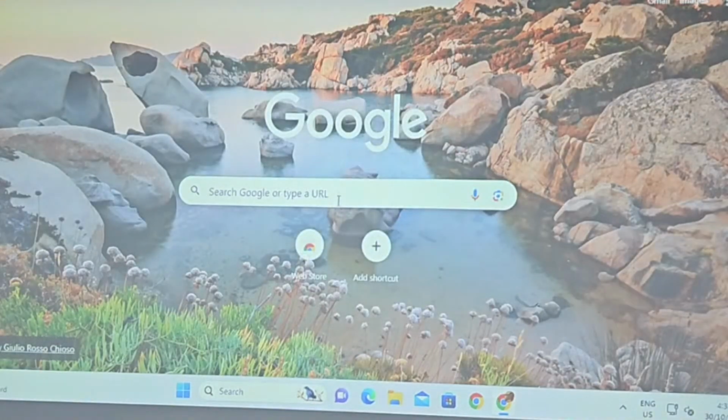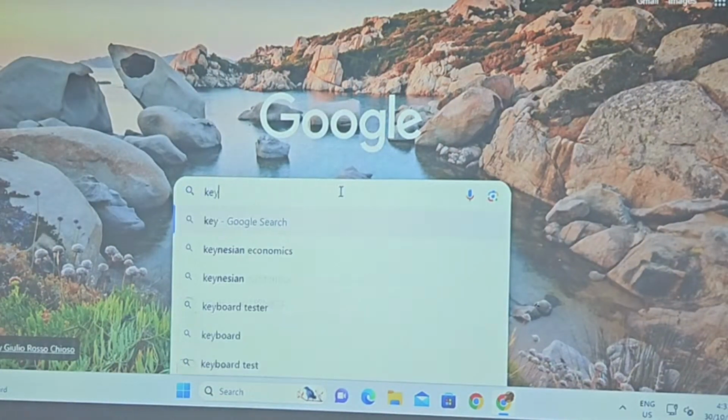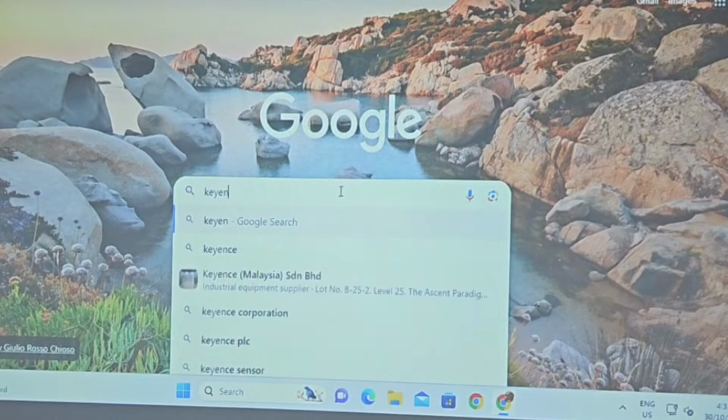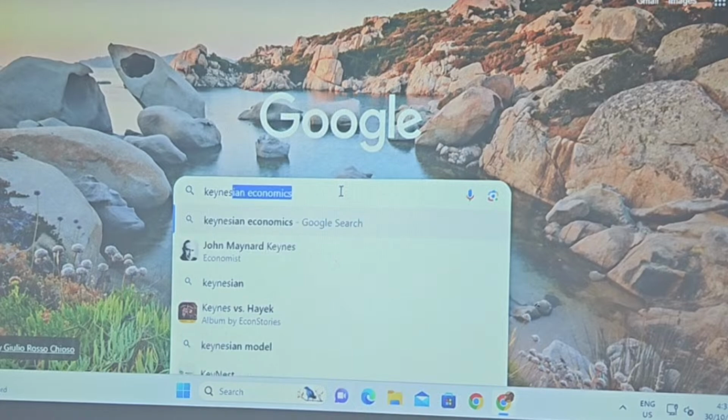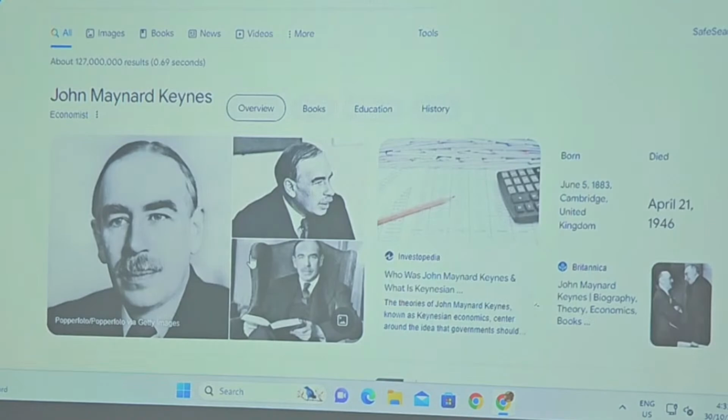Our famous John Maynard Keynes, he represented the UK, meeting at Bretton Woods.